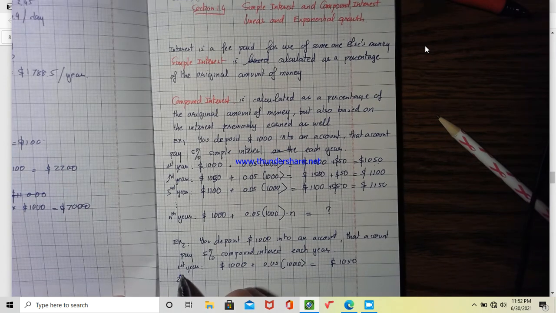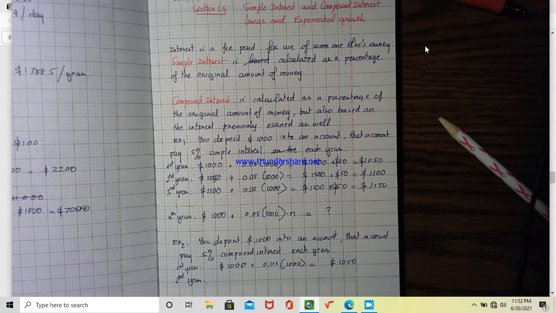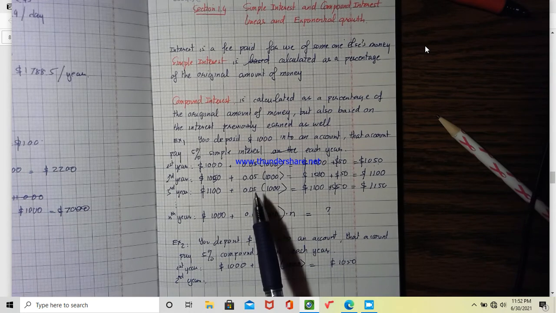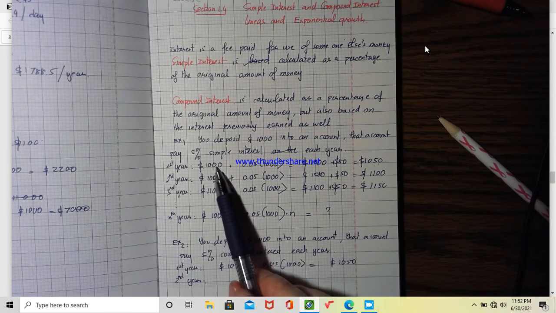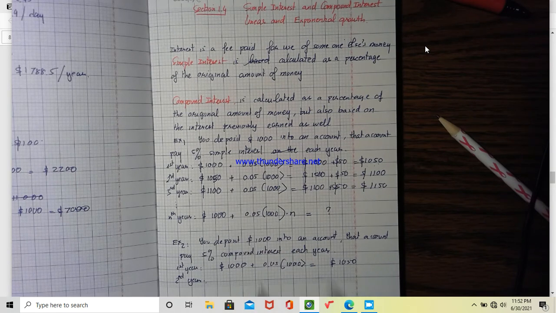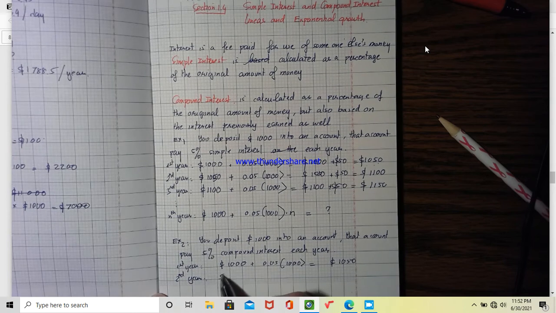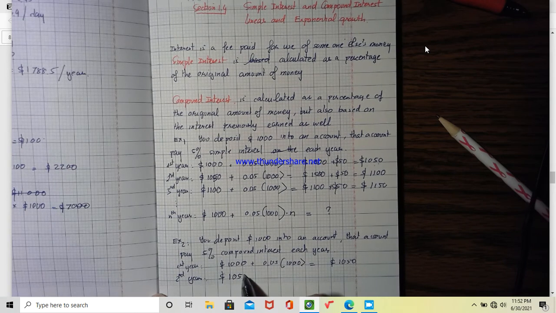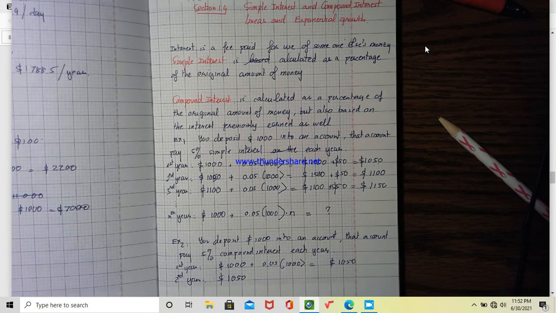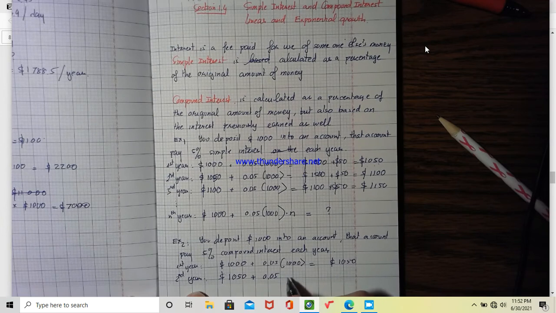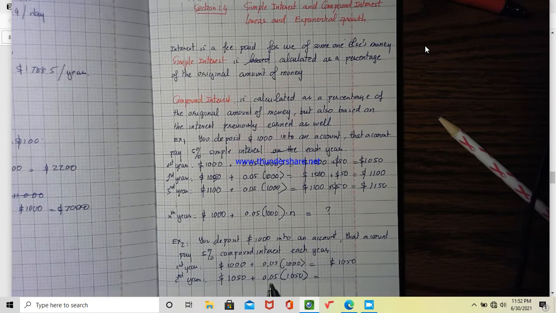However, in the second year, instead of having 5% on the original amount, we will have 5% on the new amount you already earned after the first year. So it will be 1,050 plus 0.05 of $1,050. You're going to take 5% of the new amount.